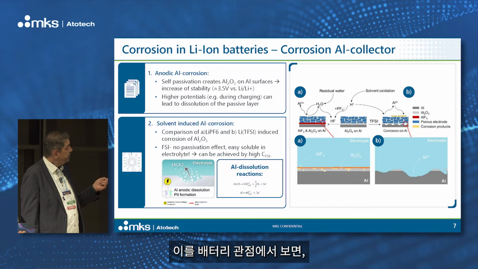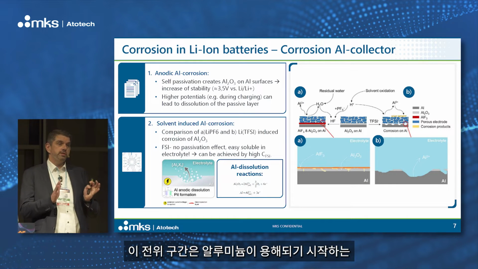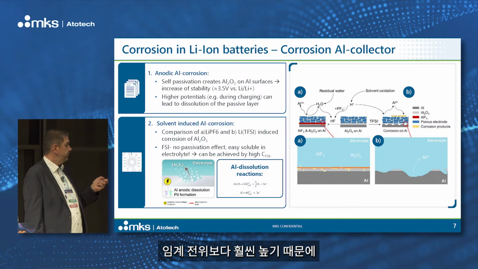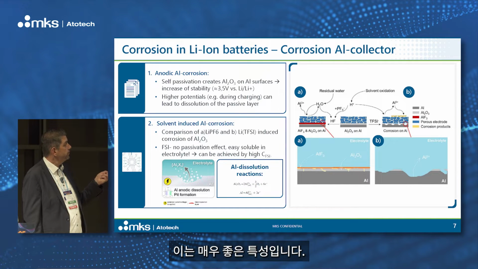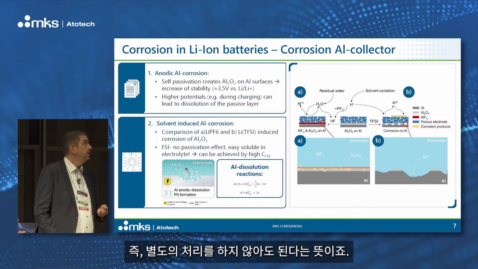When we look at this in terms of the battery, with lithium, you see 3.5 volts is the stability area, the potential where aluminum would dissolve, which is quite high. So this is very good. We don't need to do anything, basically.